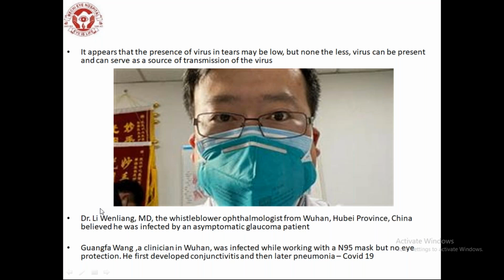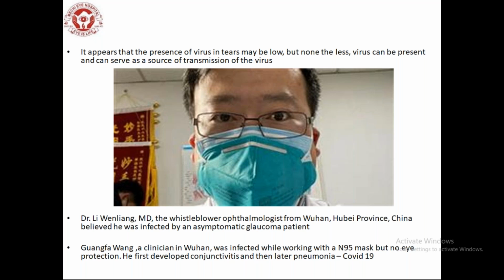So in any case of red eye, we should approach it as a suspected COVID or as a COVID-19 patient with all the precautions.